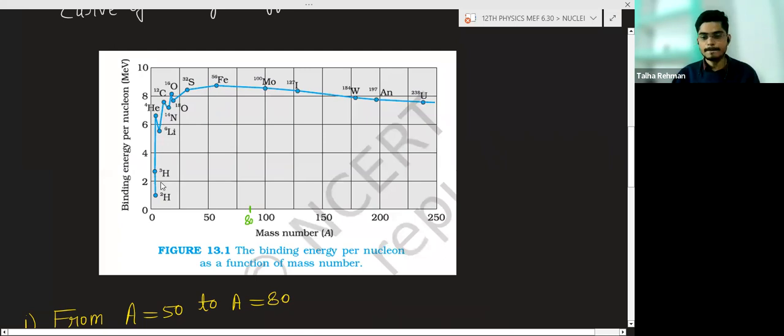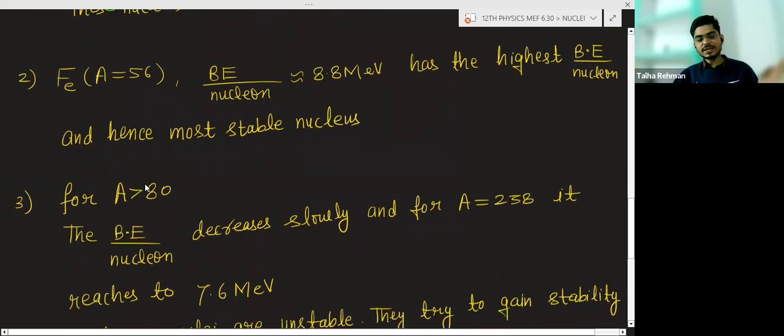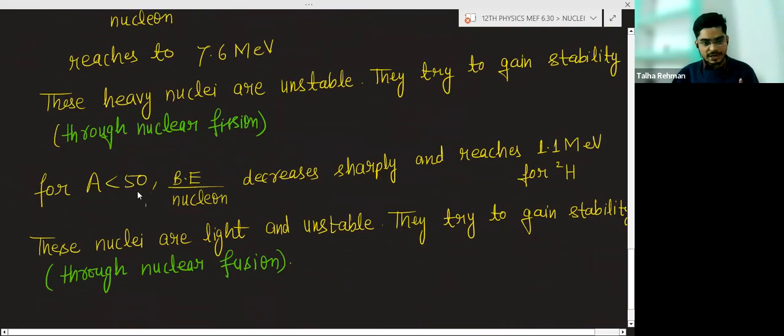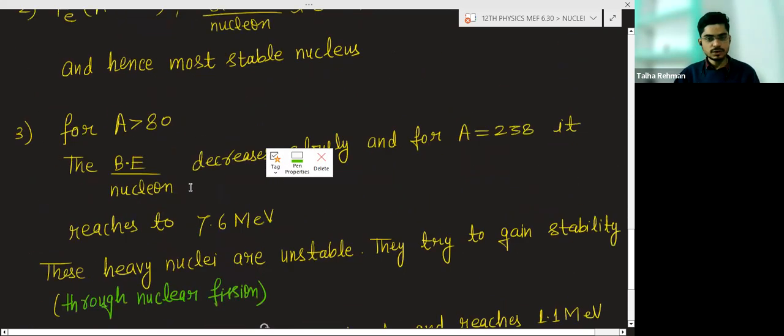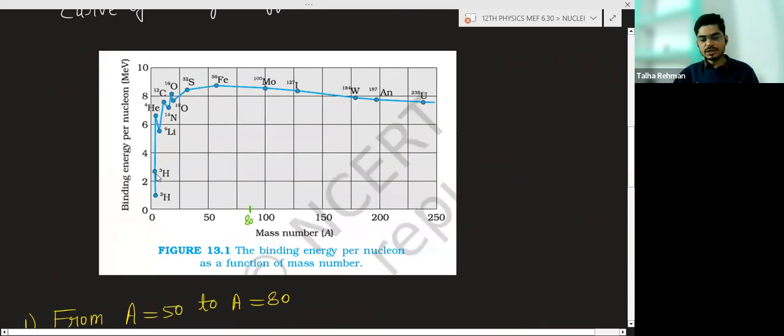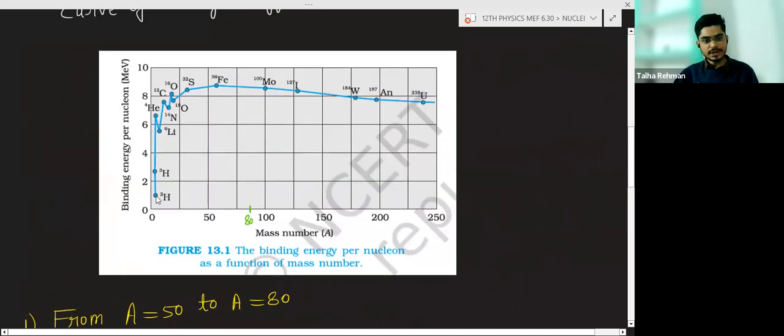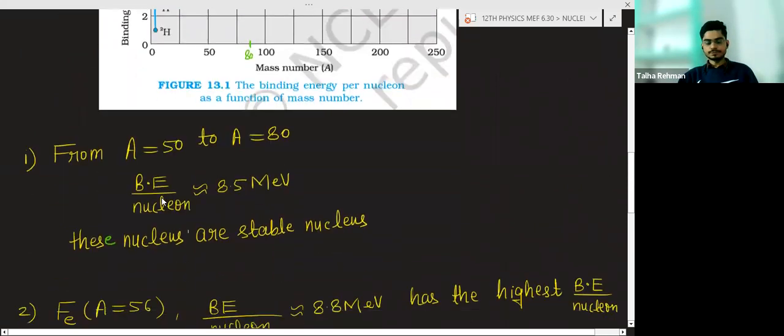For mass number less than 50, the binding energy per nucleon decreases sharply and reaches approximately 1.1 mega electron volt for hydrogen 2.